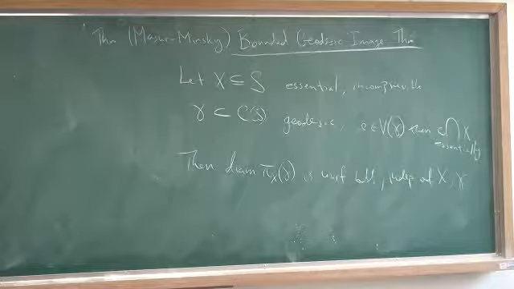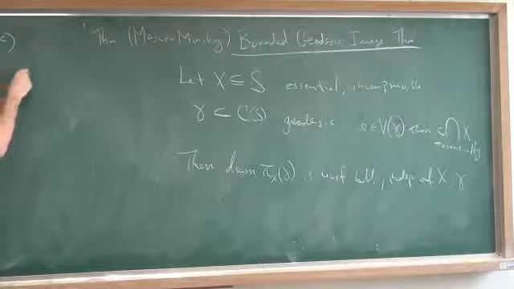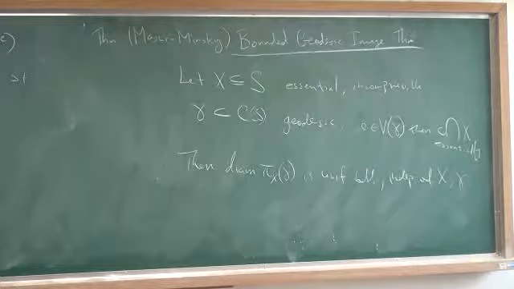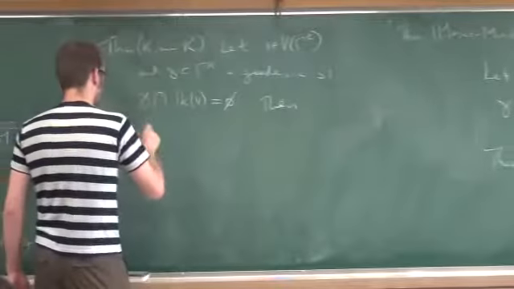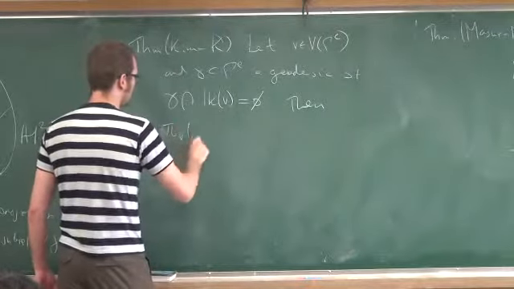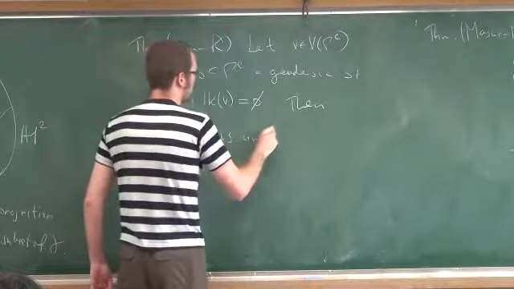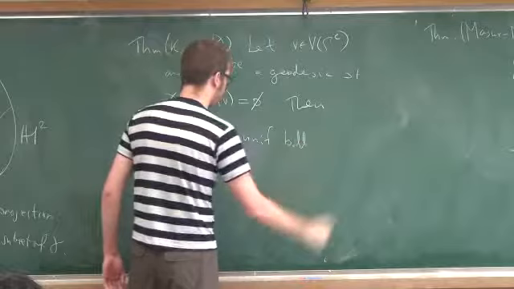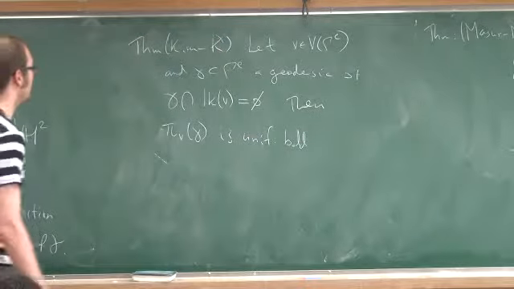So let V be a vertex of gamma E, and gamma a geodesic such that gamma intersect the link of V is empty. So we avoid the link of V. Then the projection onto V of gamma is uniformly bounded by a constant which depends only on gamma.